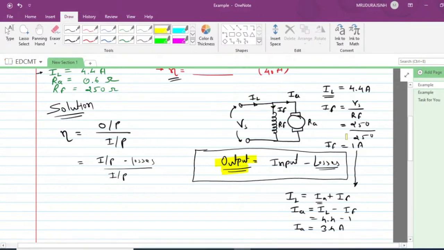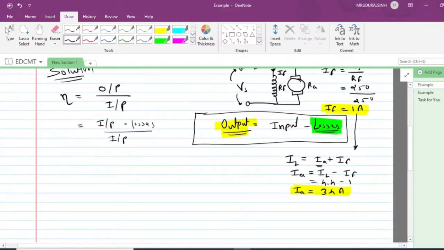So two quantities we needed to calculate: IF field current and IA armature current. So these two quantities we have calculated, right? Now we need to be focused on the losses. Why? Because once we are ready with the losses, we just calculate the input and calculate the output. So first of all, we are going to calculate no load input power.